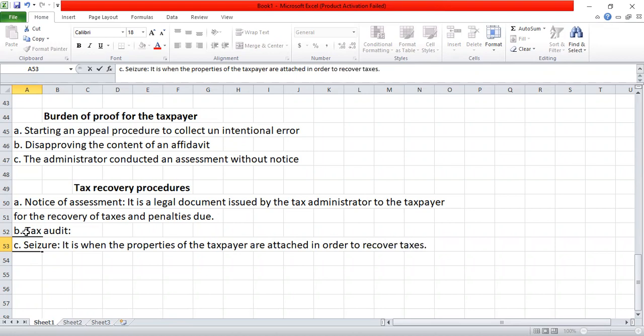That's what we call a seizure. So if it is a seizure, the properties of the taxpayers will be sold within 80 days. The properties are sold under a public auction.